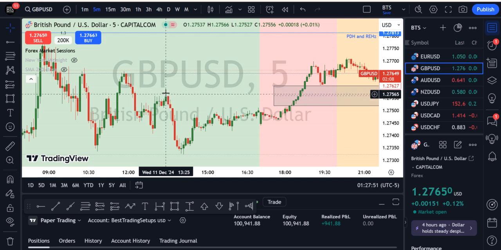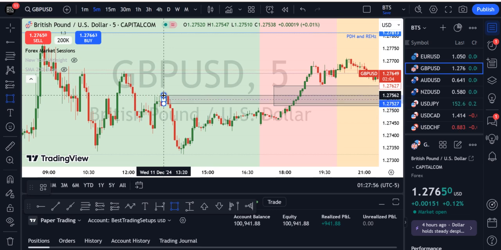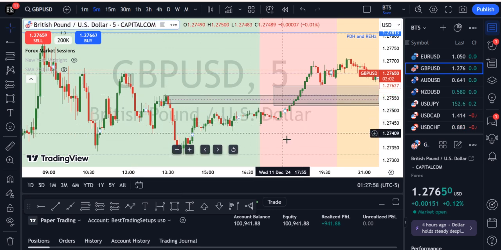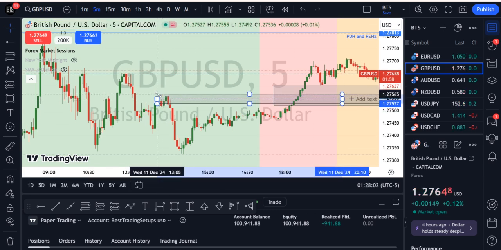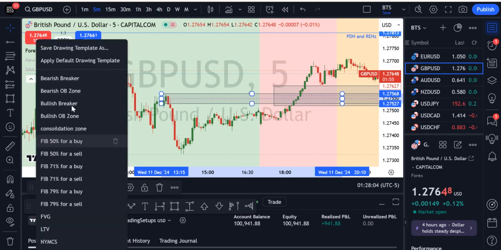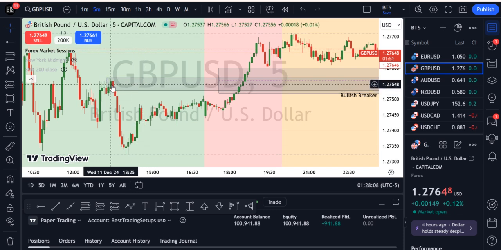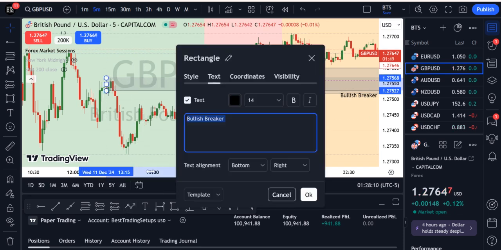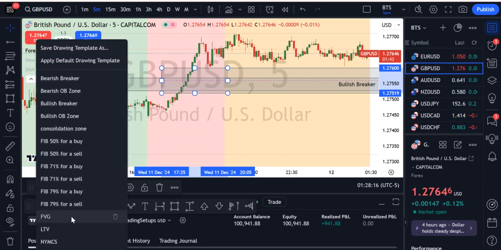This is a bullish breaker. This is also a fair value gap.